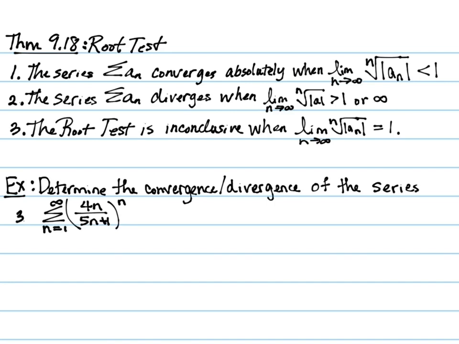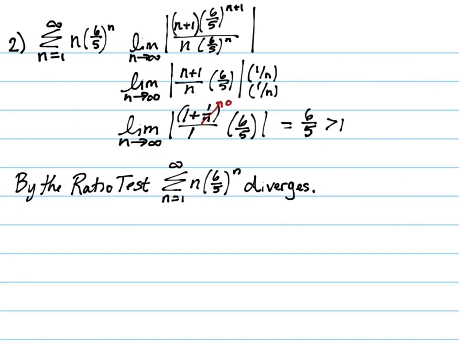On the last problem, I mentioned that it was very friendly when you see factorials, because factorials are sort of like a green light that says ratio test. Powers of n kind of scream root test. But even as I say that, you might think, wait a minute, that last example had a power of n, and it did.